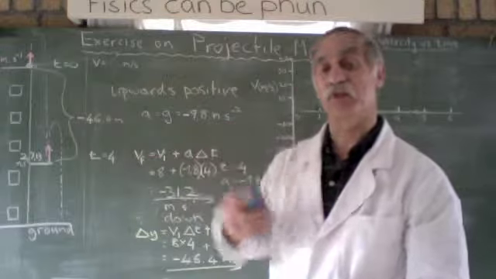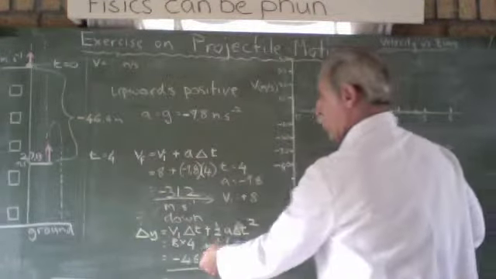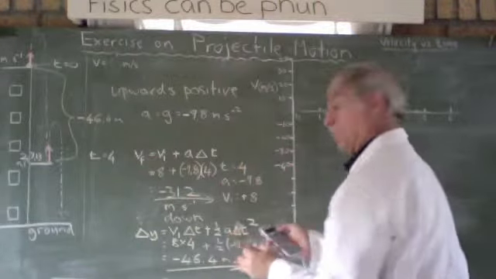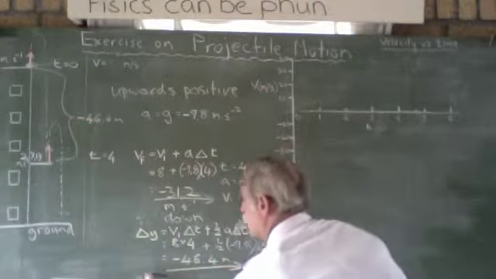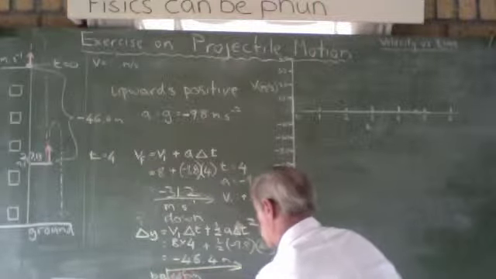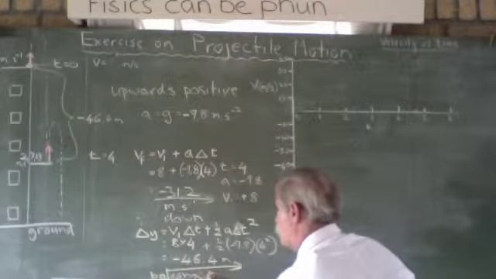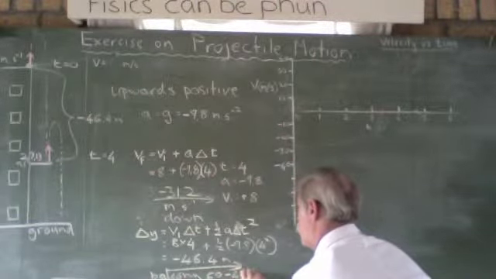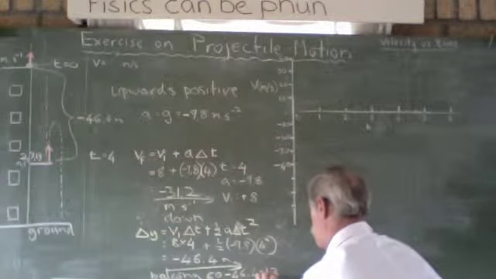So although we've worked out how much it fell in those 4 seconds, the height of the balcony is 60 minus 46.4 equals 13.6 meters from the ground.